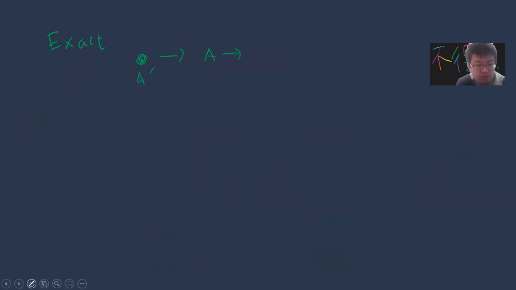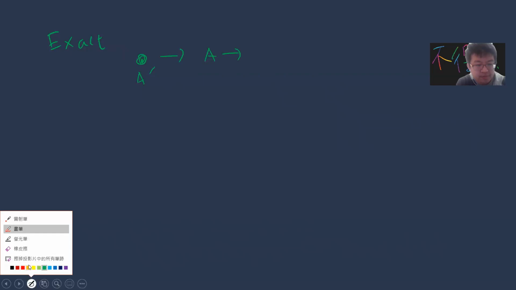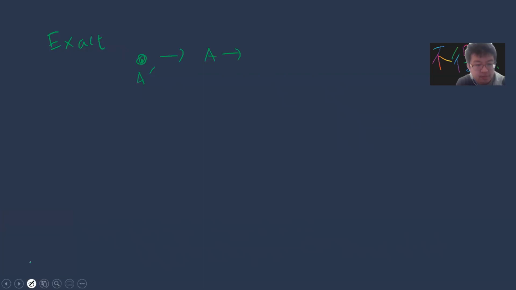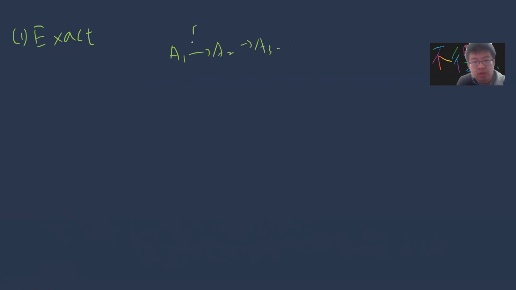In the abelian category, you have a notion of the exact sequence. Let's say you have A1, A2, A3, with F1, F2.